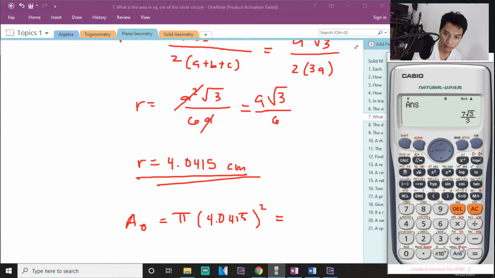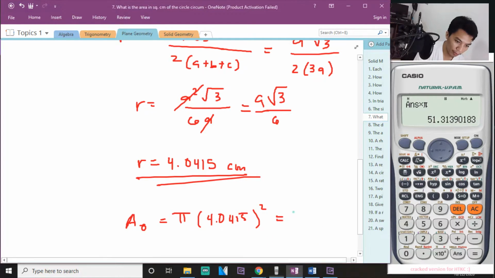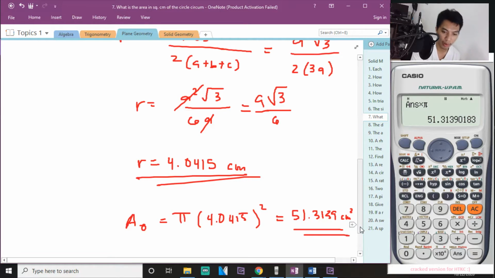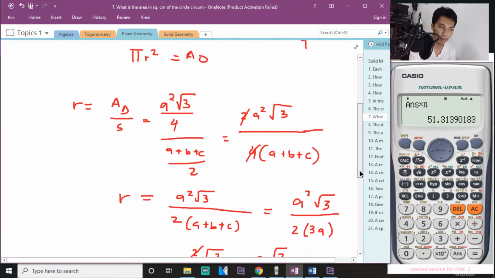Answer natin. 4.0415 squared times shift 5. So that will be 51.3139 cm squared. Okay.